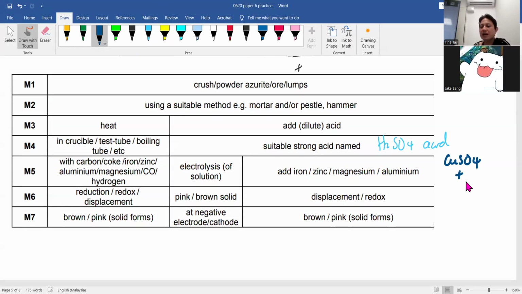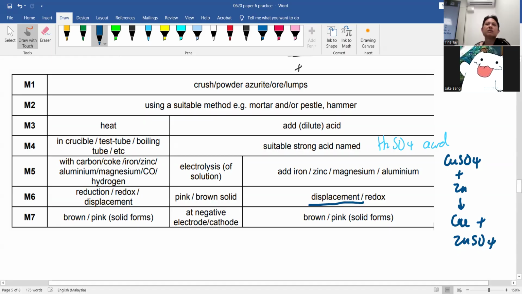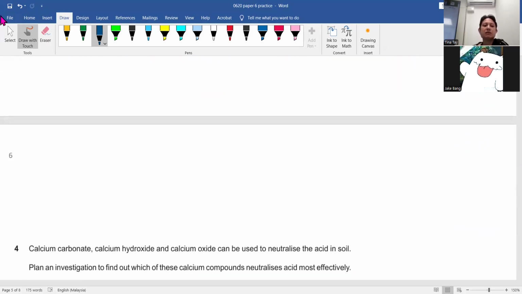Copper 2 sulfate, you can add zinc, you will get copper and zinc sulfate. This is also a displacement reaction. Electrolysis, if you want to do it, you get the copper at the cathode. You must use electrolysis with graphite. Can you understand? Okay, all right.